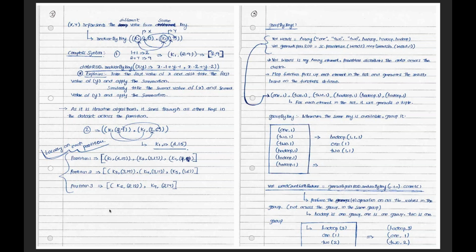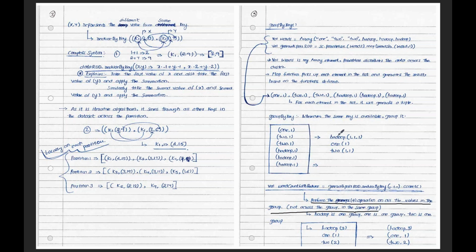Erase all drawings and take a pen now. See this operation here: generate pair RDD dot reduceByKey, and then you implement underscore plus underscore. It performs a plus operation on all the values in the group, not across the groups.